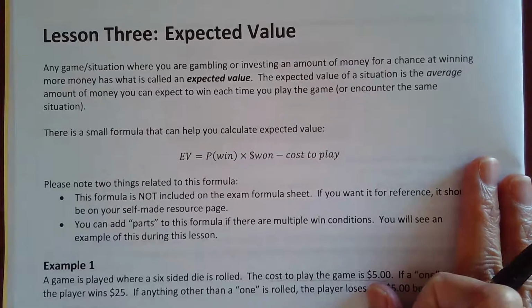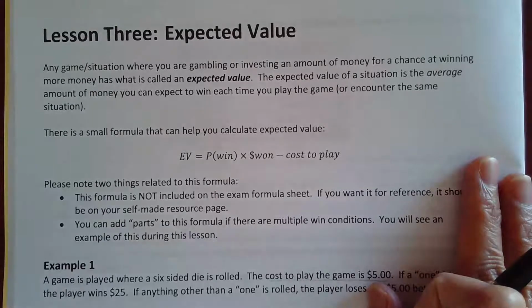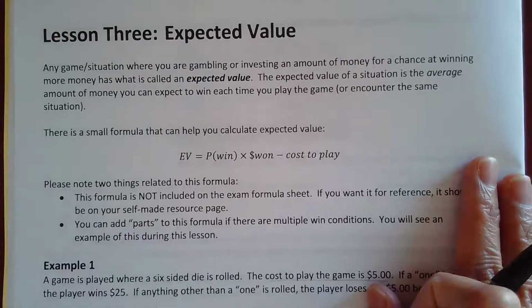So today we are going to be talking about lesson three, which is expected value. We've actually seen some expected value calculations in lesson one and lesson two, but those were expected value in terms of how many we are expecting.